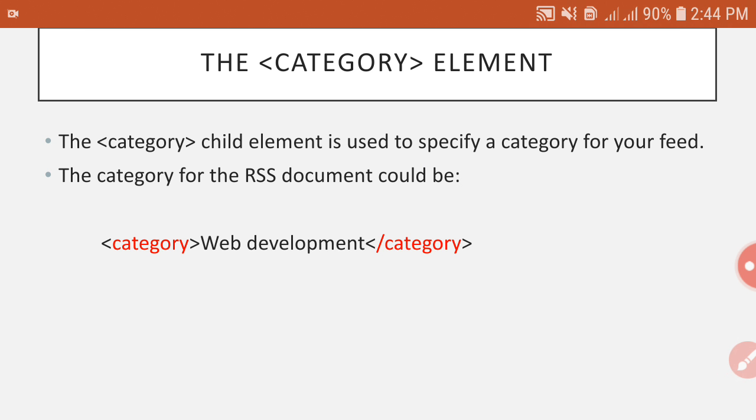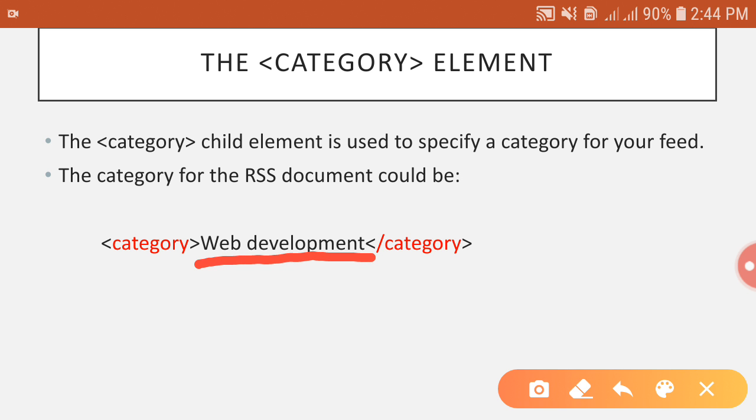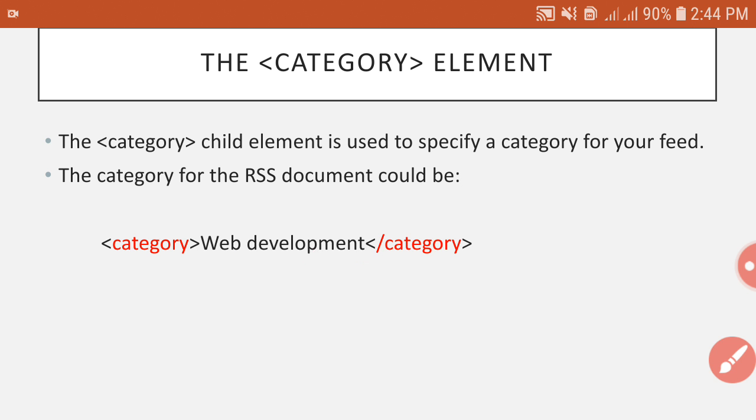So this is an example of the category element. As you can see, the category for this RSS document is web development.